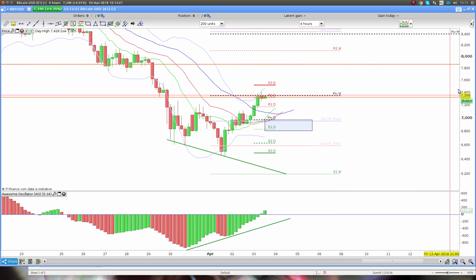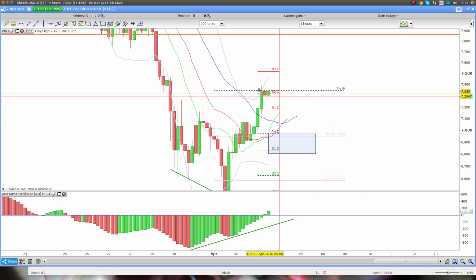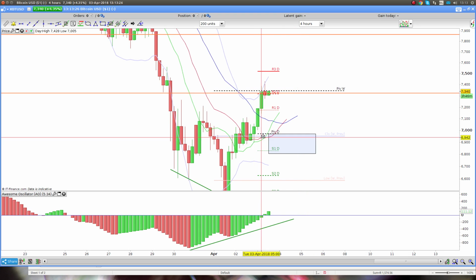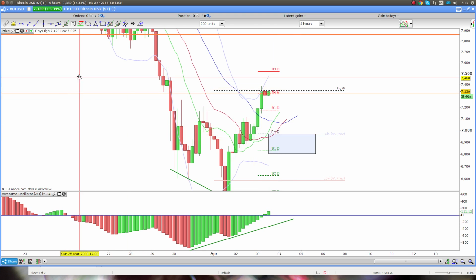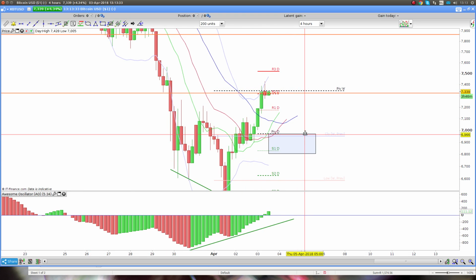I'll delete that and zoom in. So it looks like we're going to have a bit of a rejection off the weekly pivot, and the daily pivot hasn't been tagged today yet.